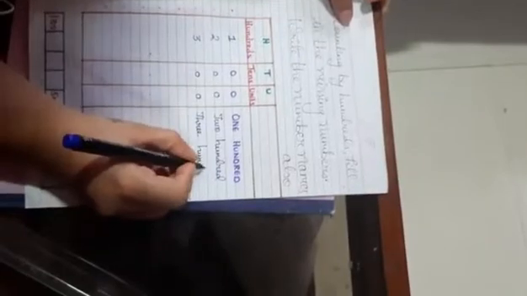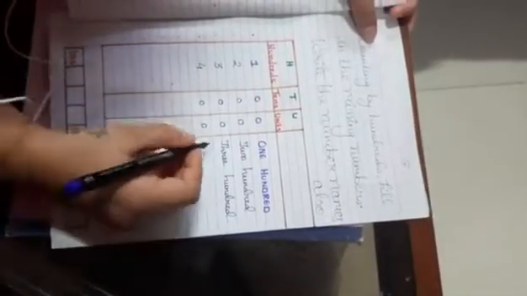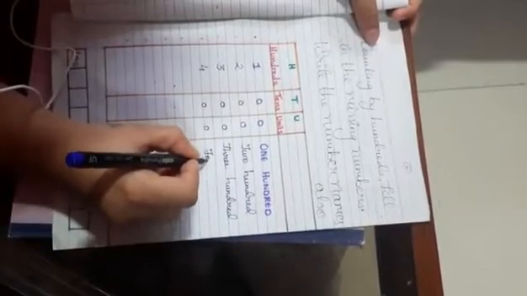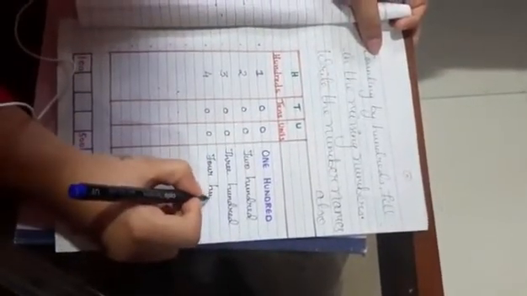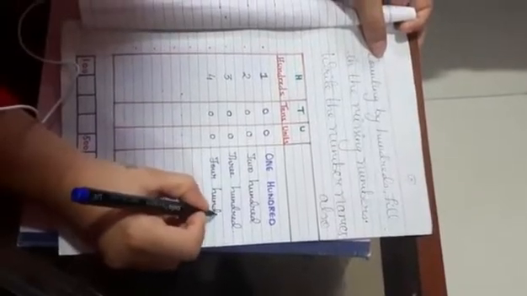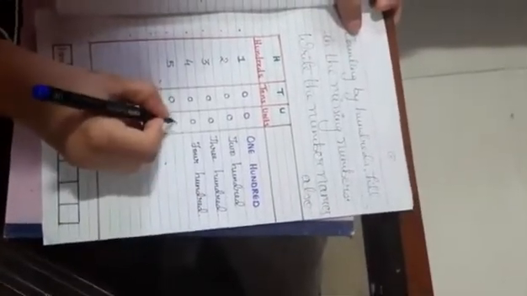Then next after 300, 400. So we'll write in spelling: FOUR HUNDRED, 400. Then after 400 you have 500.